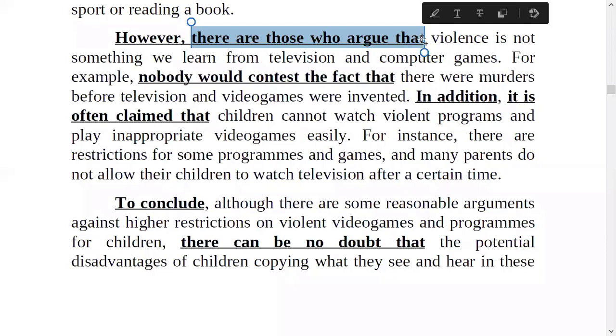So there are those who argue that violence is not something we learn from television and computer games. Many people feel that television and computer games are good. So when you want to talk about those people, this is a very good phrase. For example, nobody would contest the fact that there were murders before television and video games were invented.